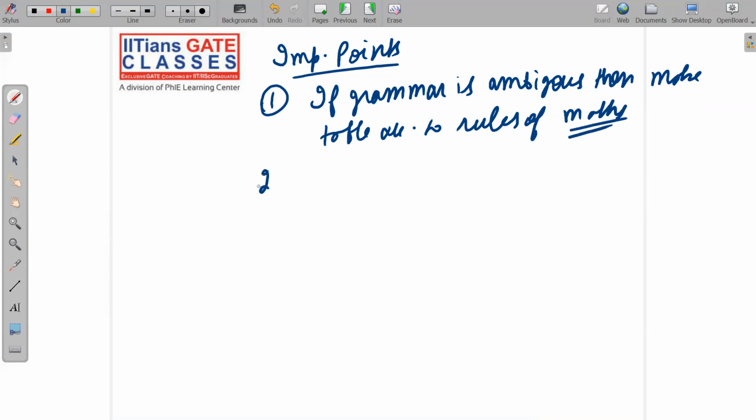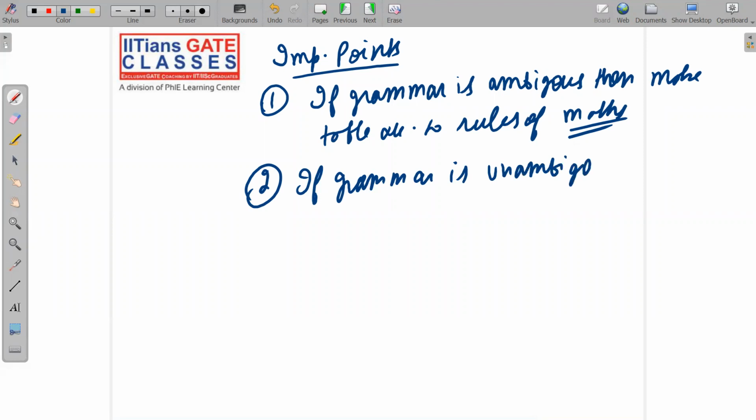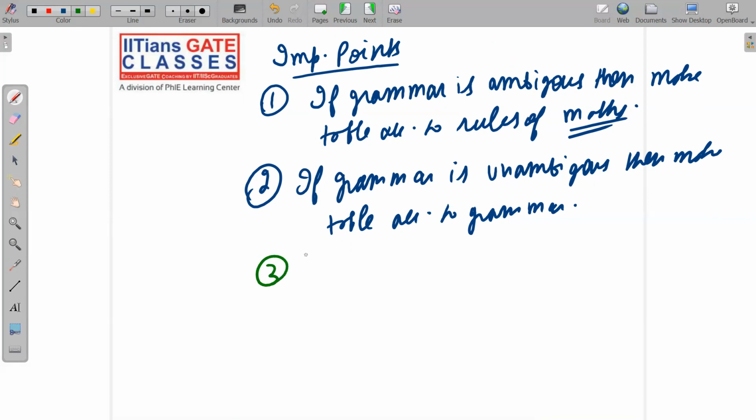Second, if grammar is unambiguous, then make the table according to grammar. How you will make the table according to grammar? Don't worry about it. We will study it after a few slides.